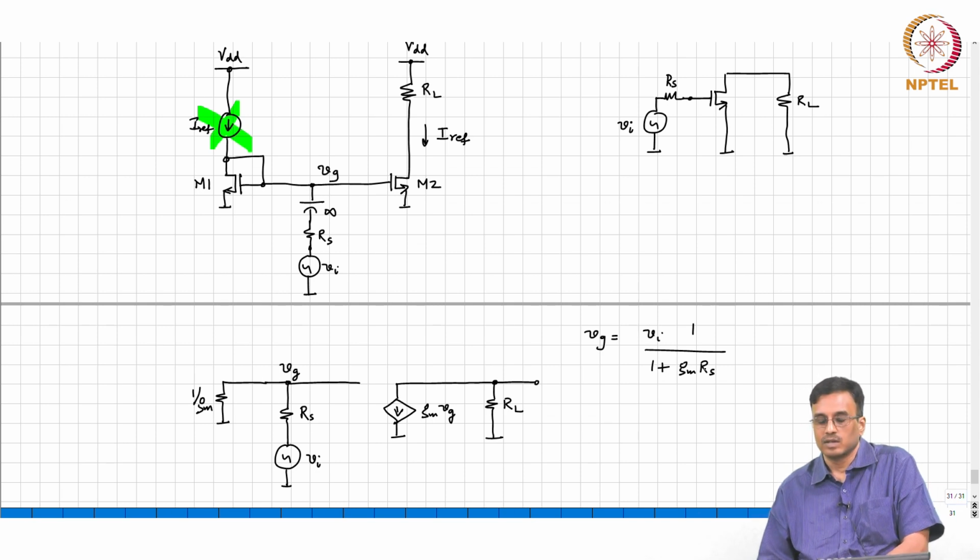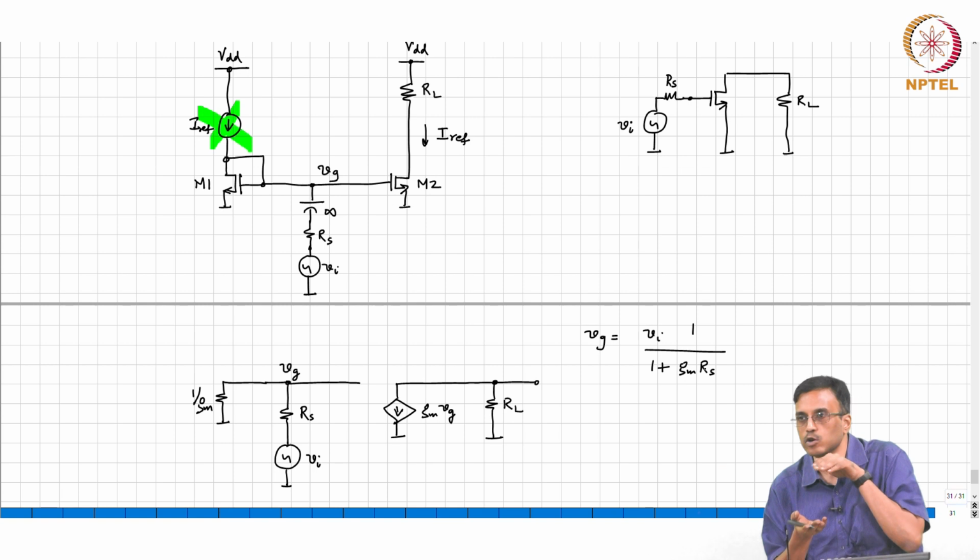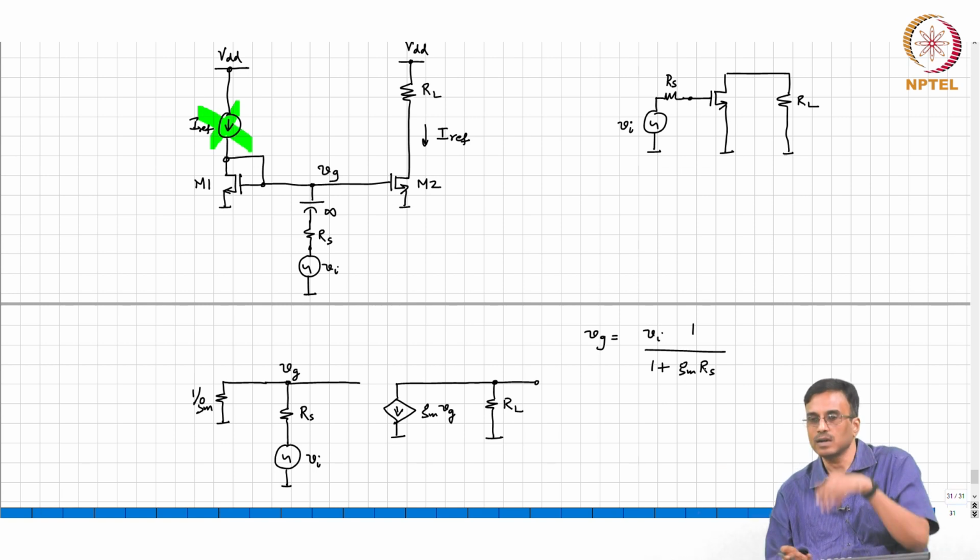Okay. So, is Gm going to be a large number or a small number? We want a lot of gain, correct? So, what comment can we make? Yeah, so what does it mean? What happens to Vg? Vg will be a small fraction of Vi. But ideally what do we want there? We want the whole of Vi, not just a small fraction, right? There is no point in attenuating the signal first and then amplifying it later.